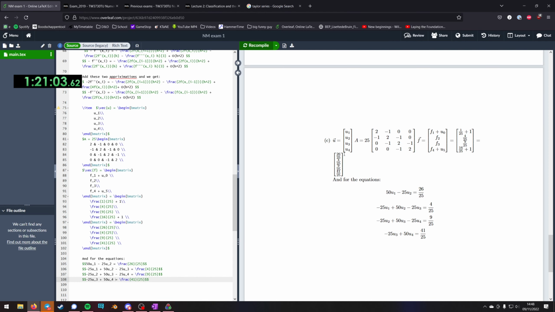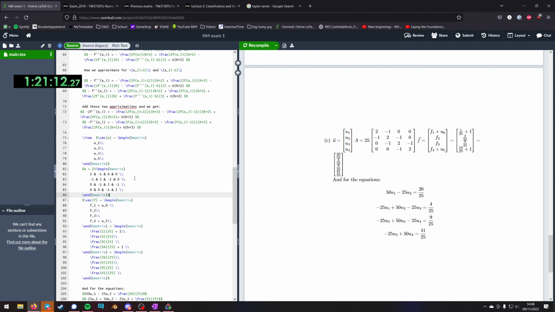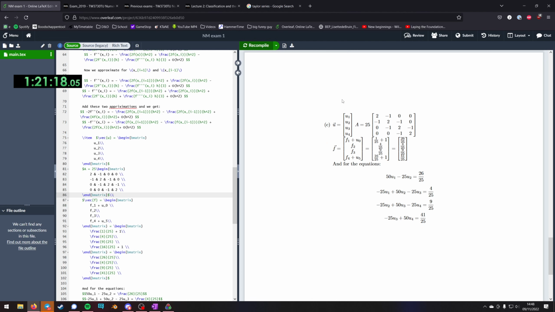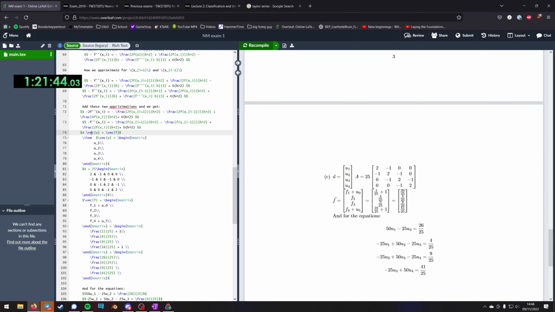And this is our system of equations that we would solve. I get the system of equations by just literally writing out U A equals F. To make it a bit more readable, I'm going to put an end line here. They also asked for the equations where I write A vec U equals vec F. So that's the equation.